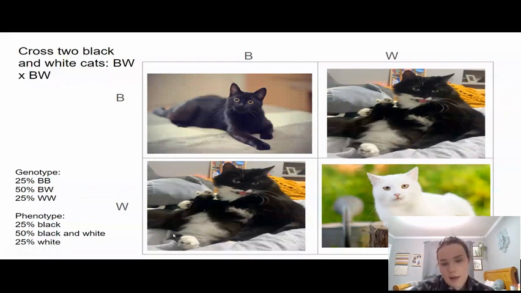And then lastly, 25% of the offspring are going to be white, showing the genotype WW. Again, the phenotypic ratio is what we physically see. So we could physically see 1 out of 4 of these offspring, or 25%, are black, 50% are black and white, and 25% are white.